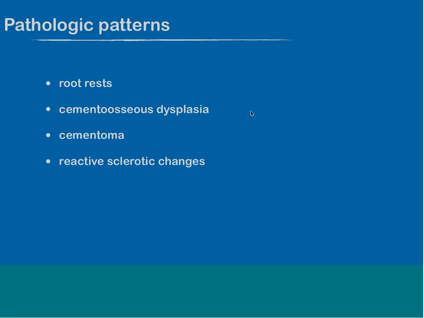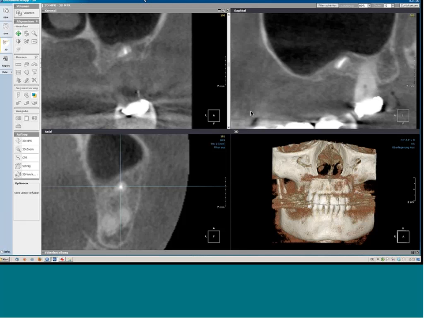And here we are with our root rest, and you can exactly see some kind of root filling material inside. That's why it's really important, especially when you don't know the patient. When you make a panoramic radiograph, it is possible that you overlook small root rests, because panoramic radiographs only depict such a layer of bone.